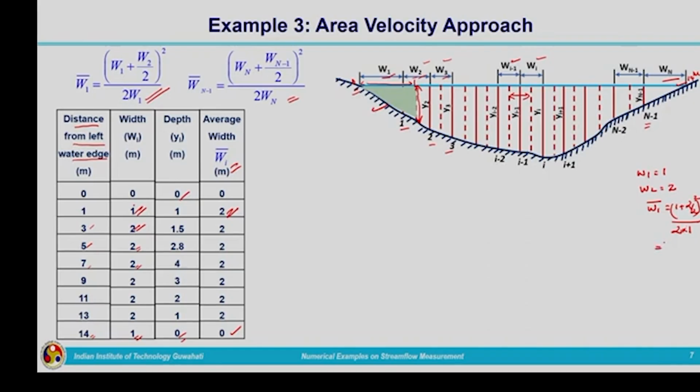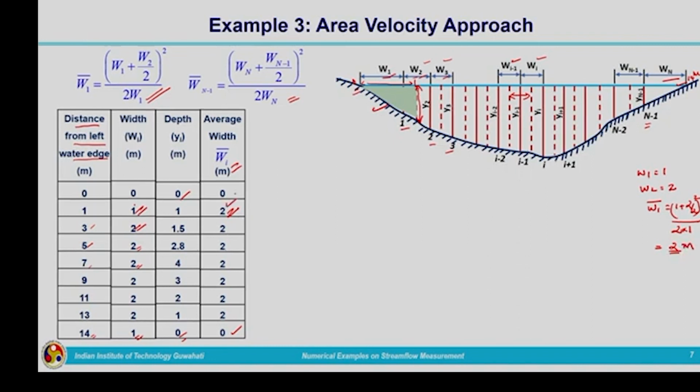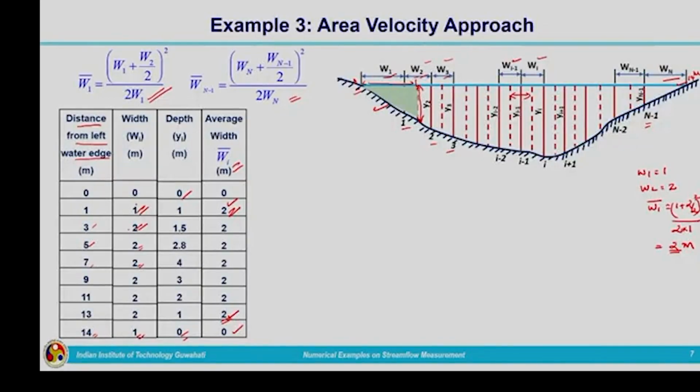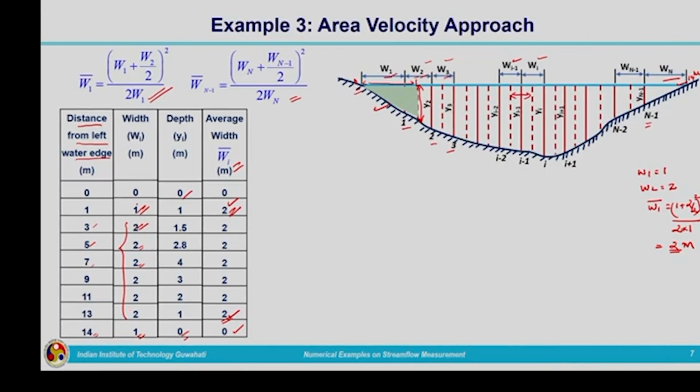It will be coming out to be 1 plus 2, that is 3... 4 by 2, that will be 2 meters. That is what we have calculated over here. In a similar way, for the last segment also we can calculate, it also will be coming out to be 2 meters. In between segments, it is not a difficult task, all these are 2 meters. So, you can just double it and half it. That way we have calculated the average width.